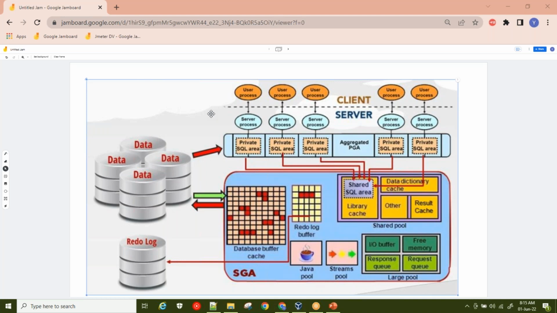This is about the data dictionary cache. Next, let's see what this result cache is. Now if you run a query again, each time you run a query, first you run the query.